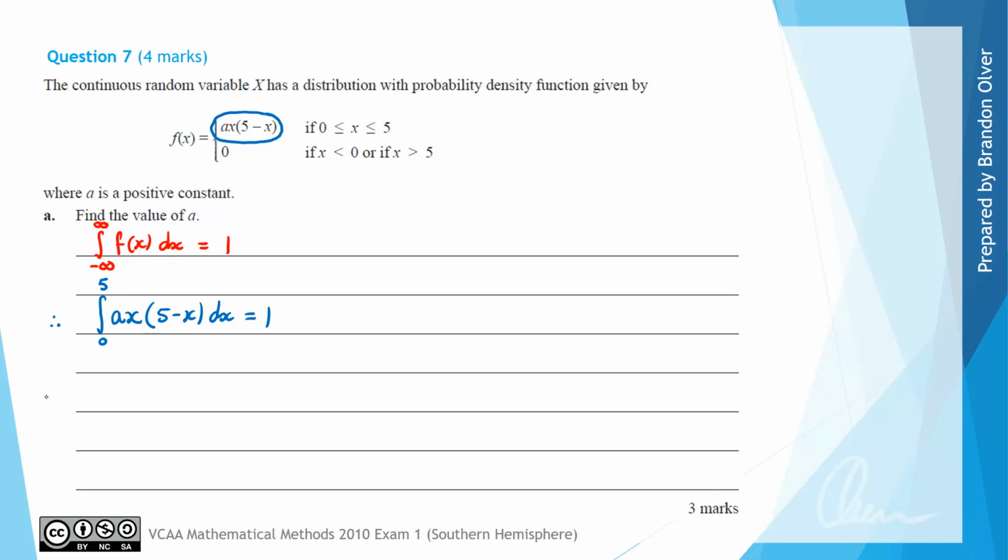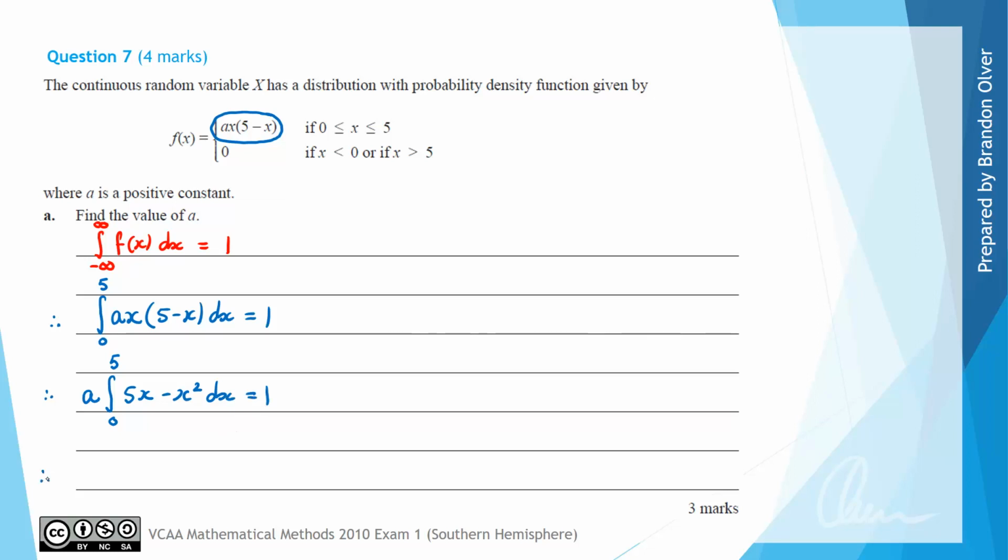Because a is just a constant, it's not part of the variable that we're integrating with respect to, we can just go a times the integral of 0 to 5, and then expand out the x in the bracket, so we get 5x take x squared dx is equal to 1.